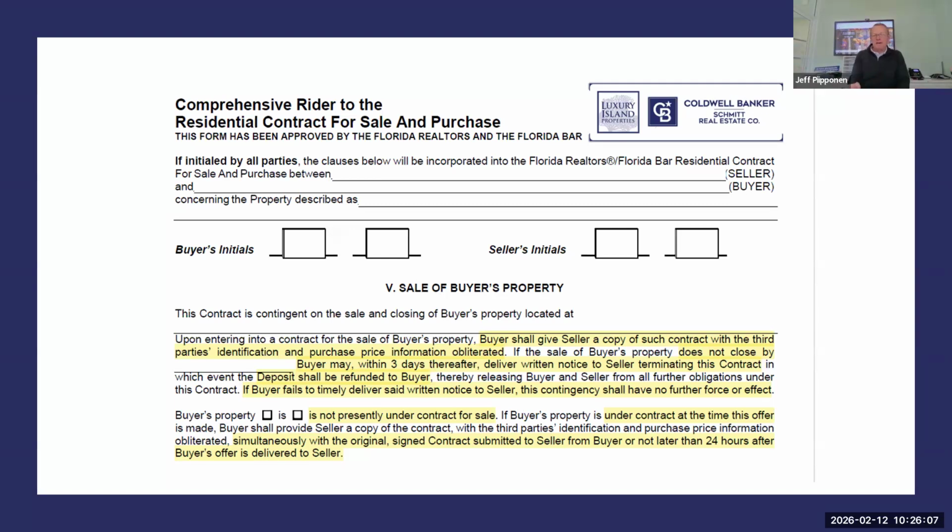If you define the effective date inside the as is or somewhere in the documentation, define the effective date shall be the date that the buyer waives the sale of buyer's property contingency.